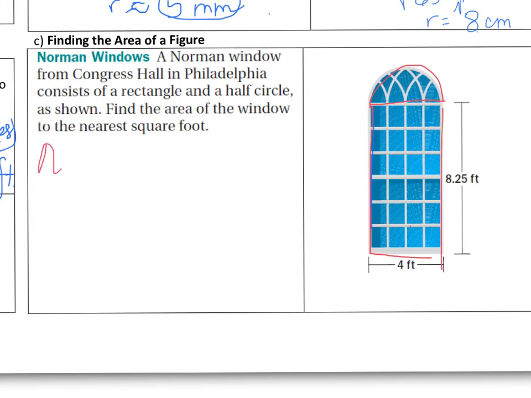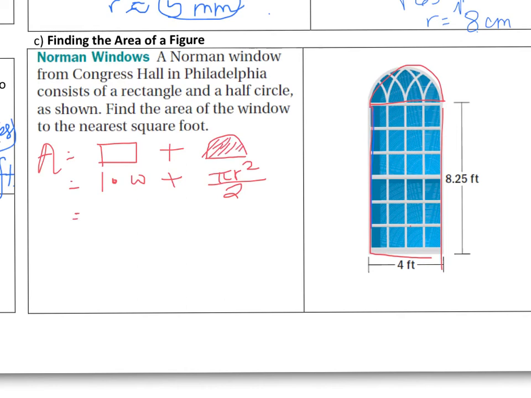So for the area of this window, we have the rectangle part plus the half circle. For the rectangle part, all we have to do is multiply the length by the width. And for the half circle, we need to take pi r squared and divide by 2 because we're only calculating the area of a half a circle.